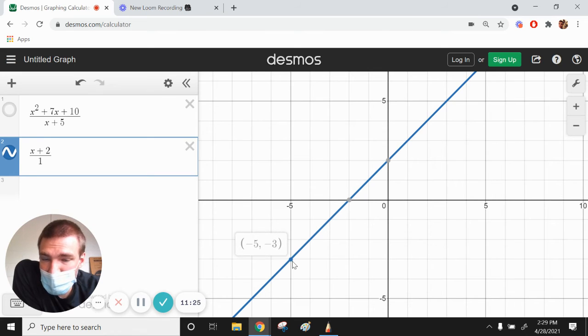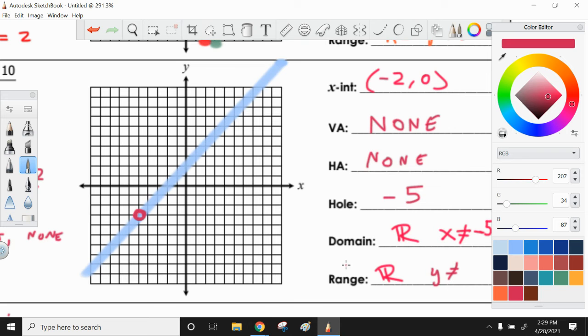And so technically, we've skipped negative 5 in the x direction, and we've also skipped negative 3 in the y direction. So going back here, if we want to be brainiacs, we can put a negative 3 there as well.